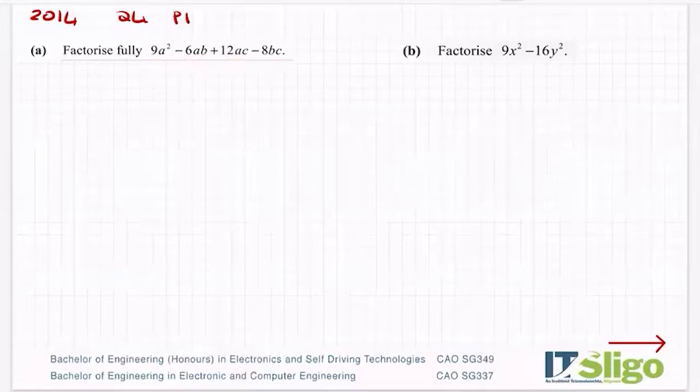So what we do then is we group them into pairs, 2 terms and 2 terms, and we take out what's common. Now, the good news is it doesn't really matter what groupings you make. You just look at the terms and you see, can you spot something in common? So if I look at these 2 terms, I see 3 divides into 6 and 9, and I see A is common as well.